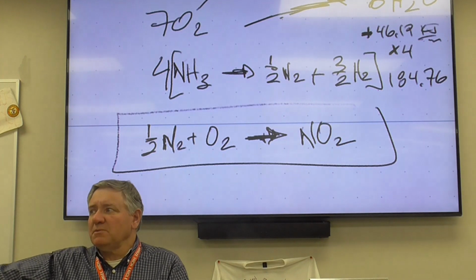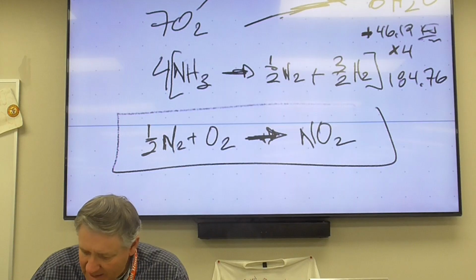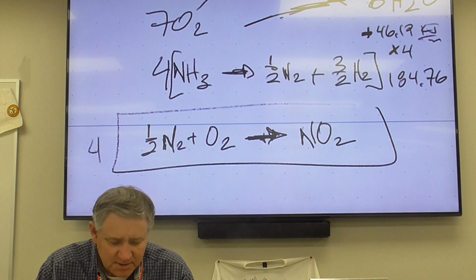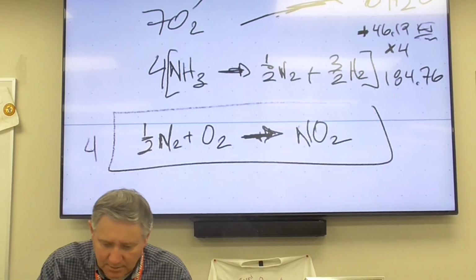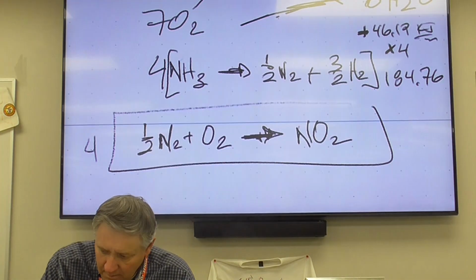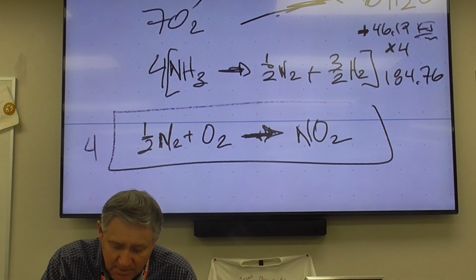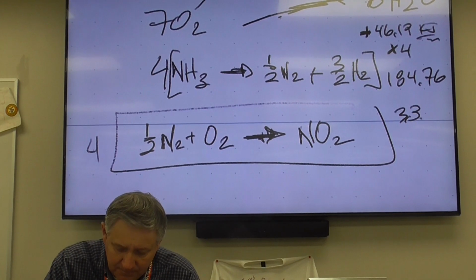So look up the thermodynamic value, and this is going to happen 4 times. So look up the thermodynamic value for NO2. 33.84. Positive or negative? Positive. 33 point what? 84. Okay?